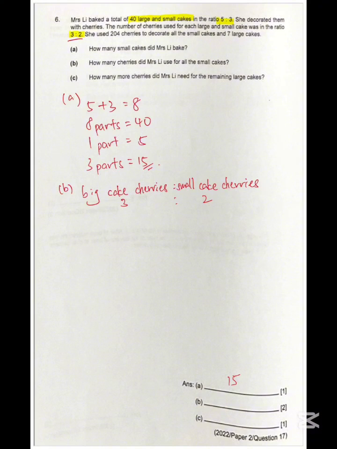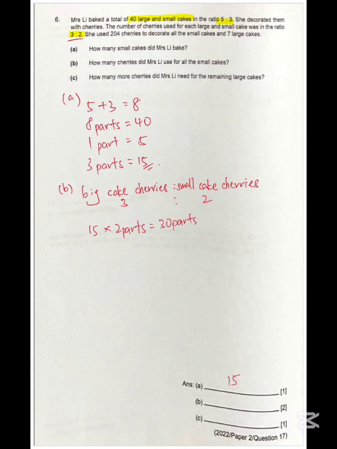Then now I know that I have 15. So I have 15 small cakes, right? So I times 15 to this. So okay, so the total number of cherries used for small cakes would be 15 times 2 parts equals 30 parts.